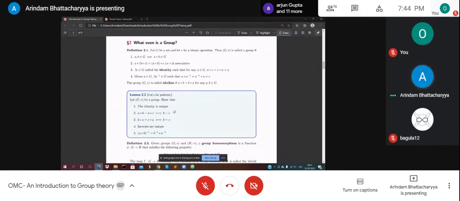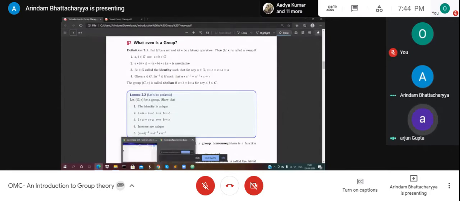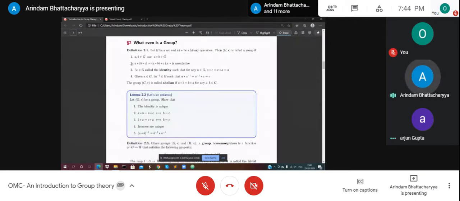Something else also you are using. I think we are using that 0 into anything is equal to 0. But you are also using the second thing, associativity.